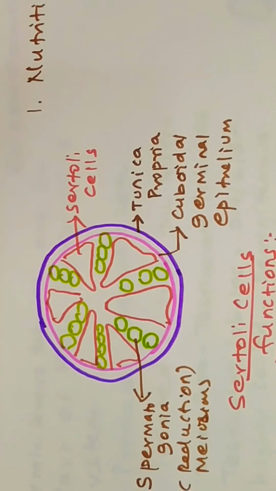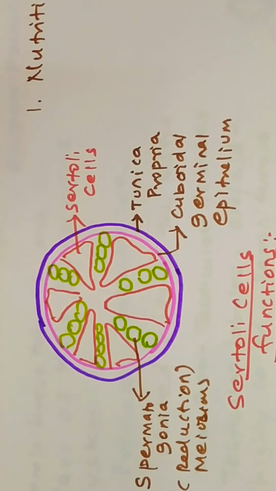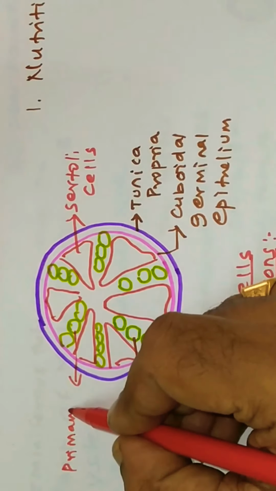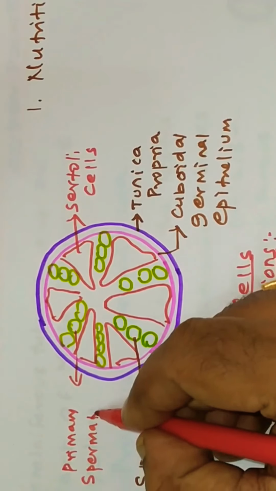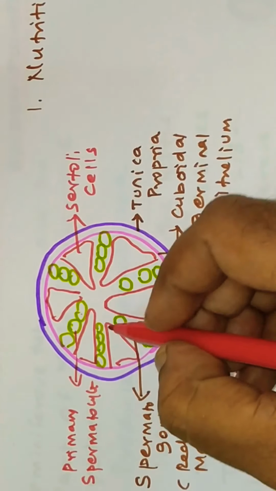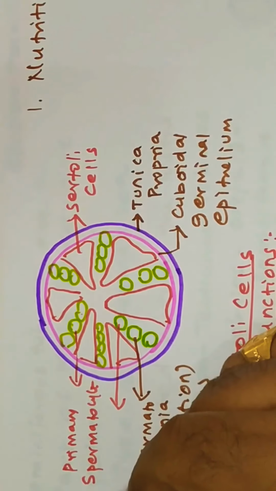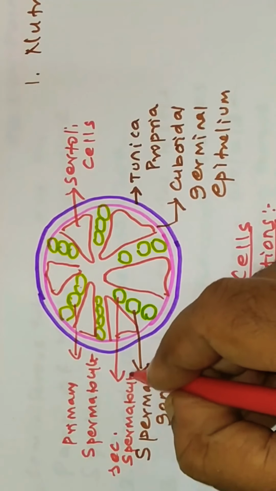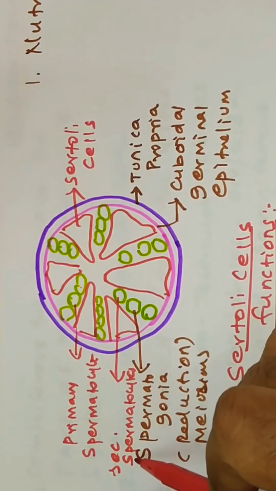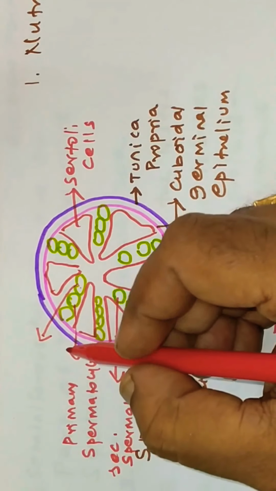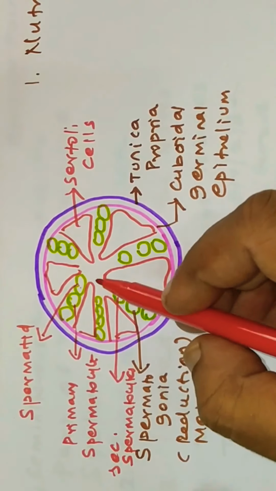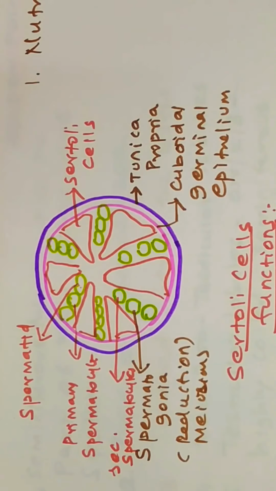What are the various stages of cells? The spermatogonia first produces the primary spermatocyte, and next the secondary spermatocyte. Finally, the secondary spermatocyte produces the immature sperm, called spermatid. The spermatid converts into mature spermatozoa.